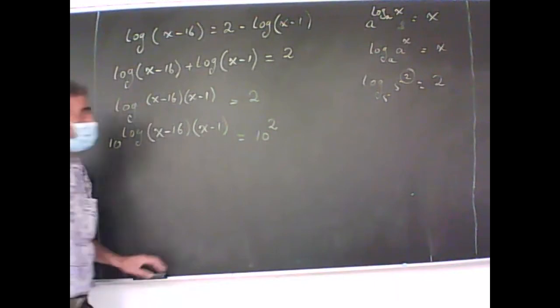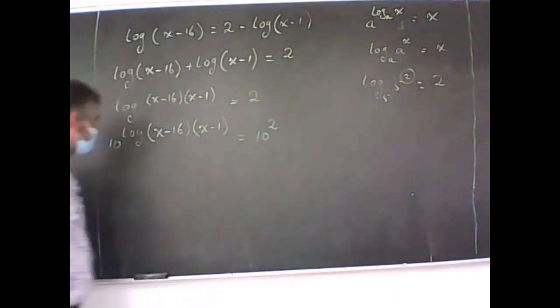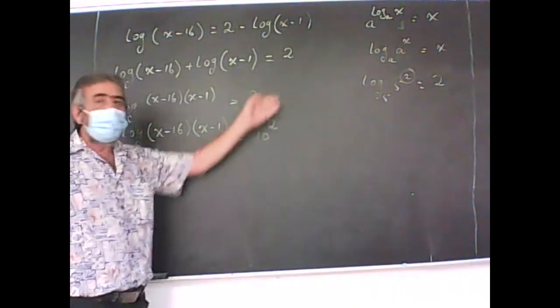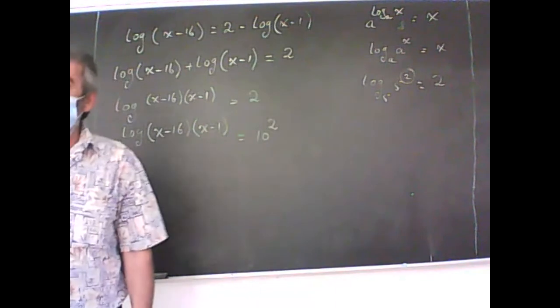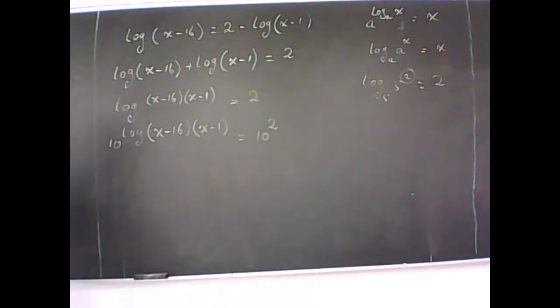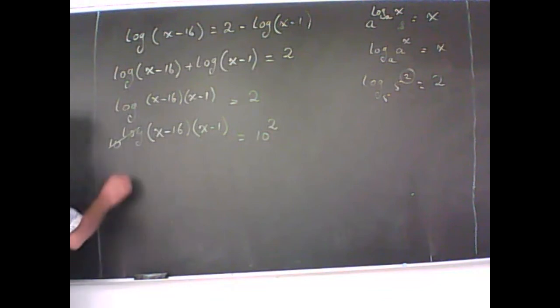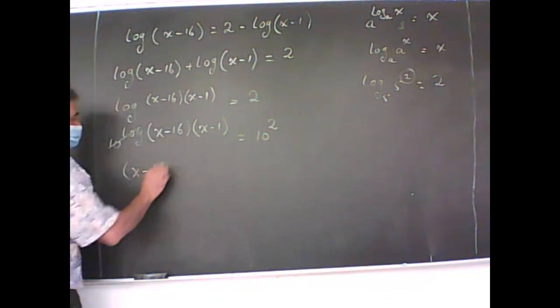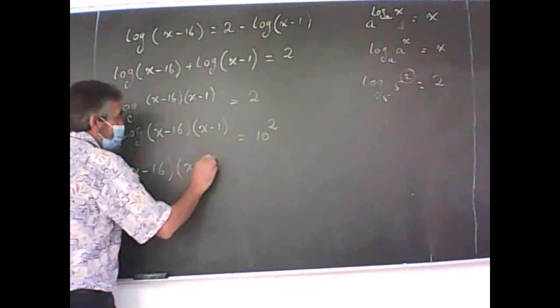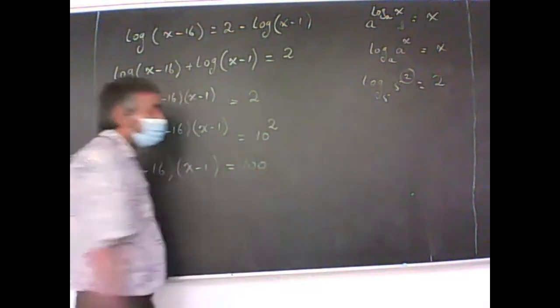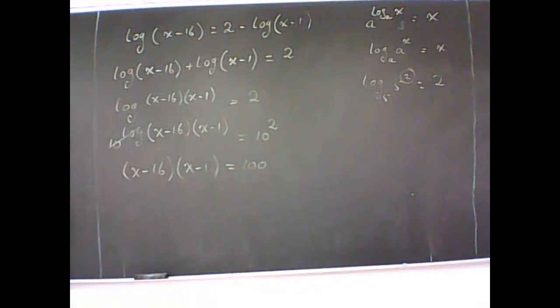So what's it good? All right. Now I can say, well, this is 10 to the power of that. This is 10 to the power of that. I can take the exponent, set them equal to each other. Don't need to, but these are gone, right? That's what I use this for, not to use the exponential. So we got rid of these. So what do I have? x minus 16 times x minus 1 equal 100. So far so good.